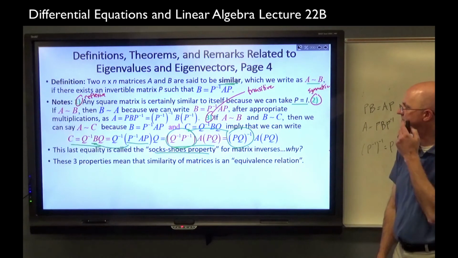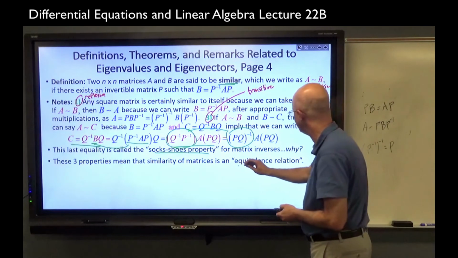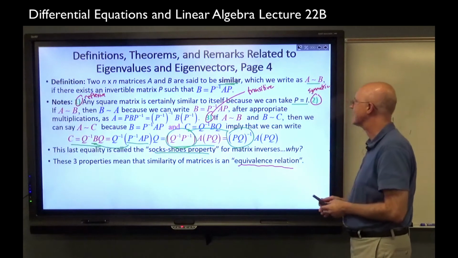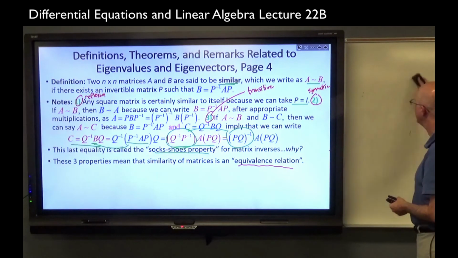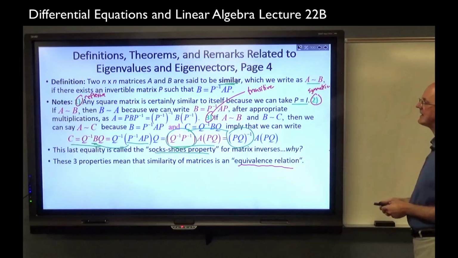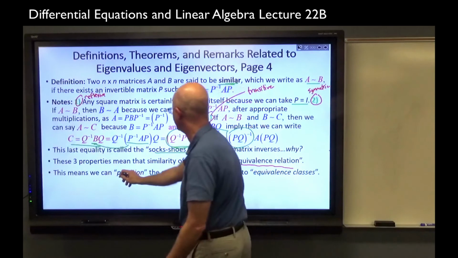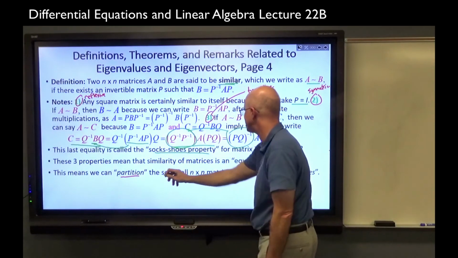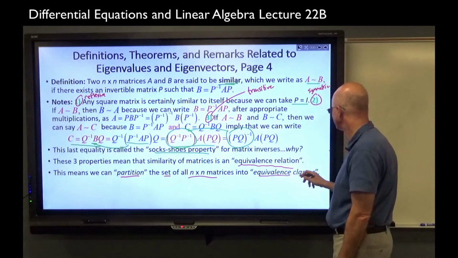These three properties mean that similarity of matrices is something called an equivalence relation, which essentially means it acts kind of like equality, even though it's not technically equality. And as an equivalence relation, this means we can break up the set of all n by n matrices into what are called equivalence classes.